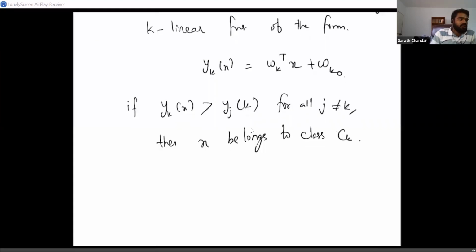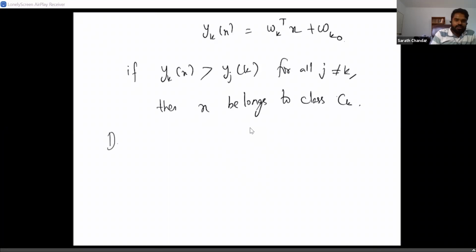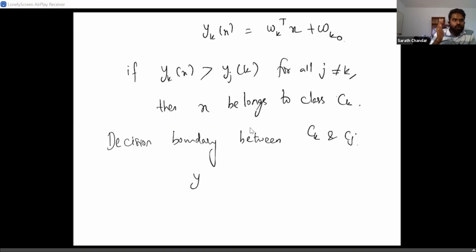Now how would the decision boundary for such a function look like? The decision boundary between, let's take two random classes, Ck and Cj, is the point where yk of x is equal to yj of x.